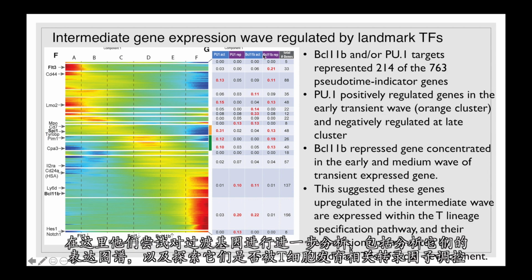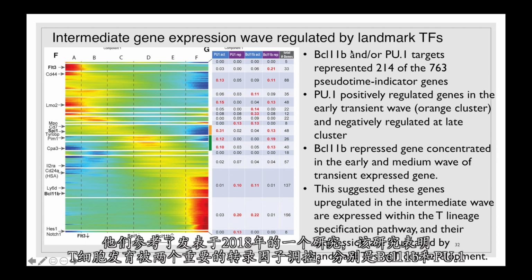Here we are trying to interpret the intermediate wave by looking into its expression pattern and seeing whether it is under the regulation of the transcription factors that are very important for the T cell lineage.